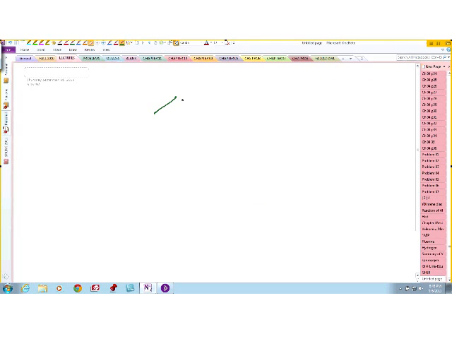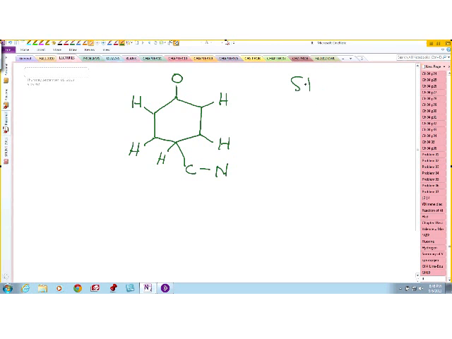Supposing I give you this structure here, and I simply tell you this is the structural frame, or just structural model, of a stable molecule.